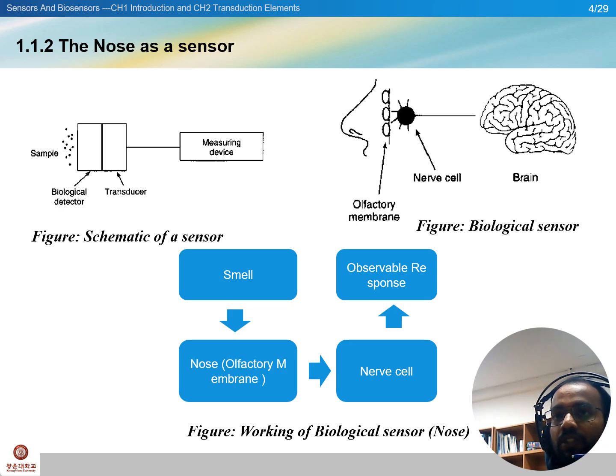The working of the biological sensor is like this: first we have the sample, then we smell through our nose, then nerves do the processing, and the brain absorbs the response.